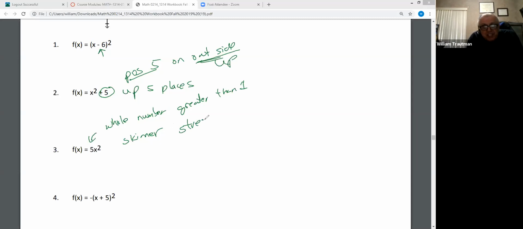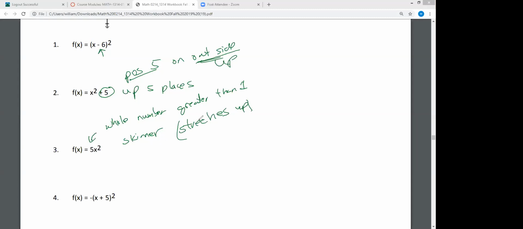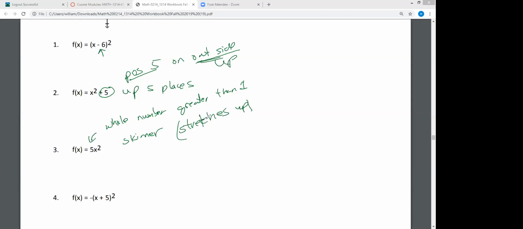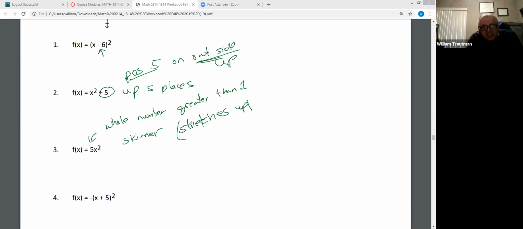Is that stretch, or is there an A in there? No, stretches, it stretches the graph up. There's 2 T's in stretches. Stretch, where's the other T at? R-E-T-C-H. Okay, that sounds good.